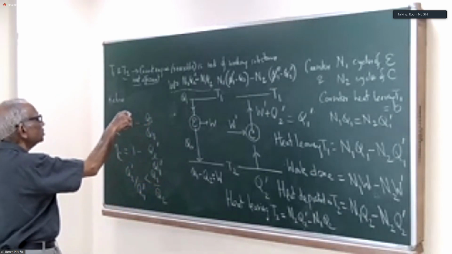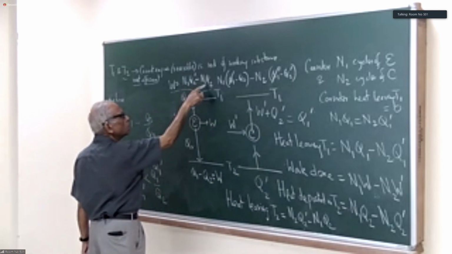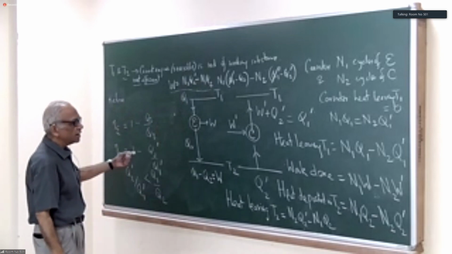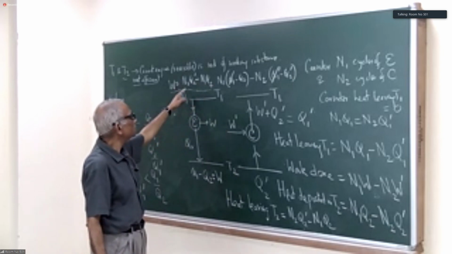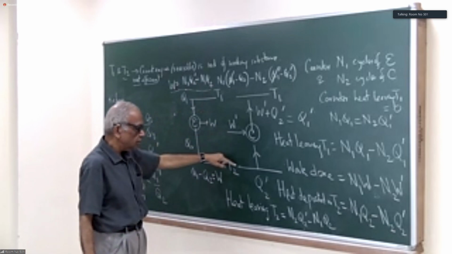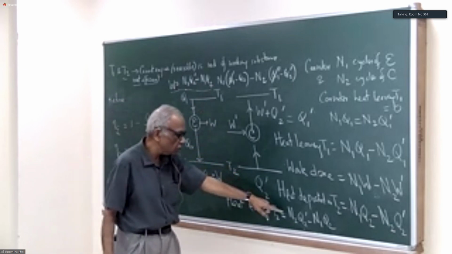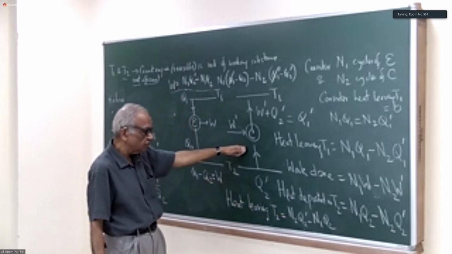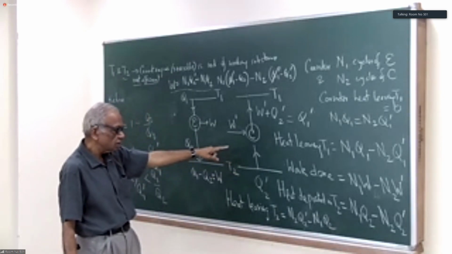So we established that this W, which is N2 Q2 prime minus N1 Q2, is the amount of heat which is leaving T2, and that cannot be positive, because that would violate the second law.